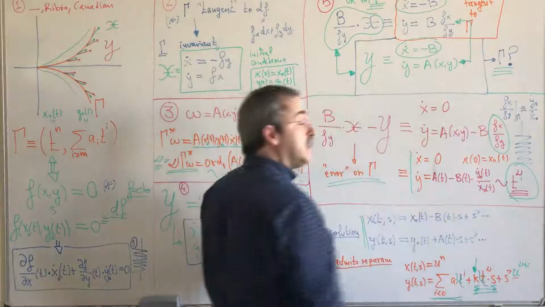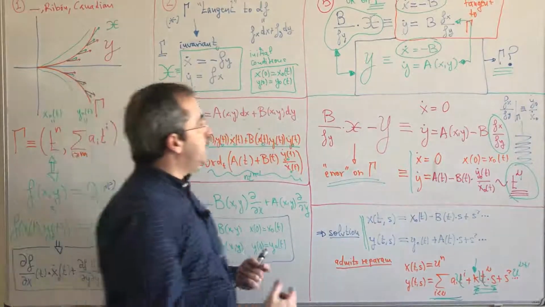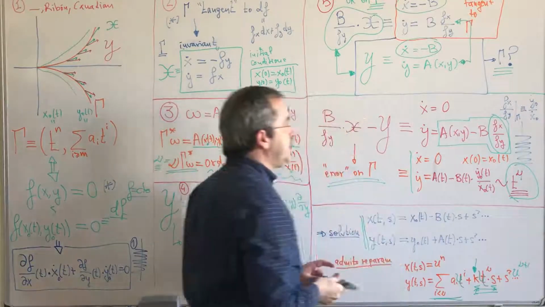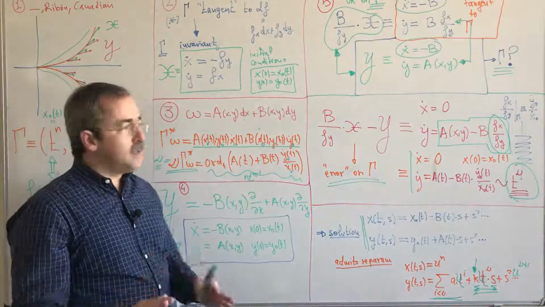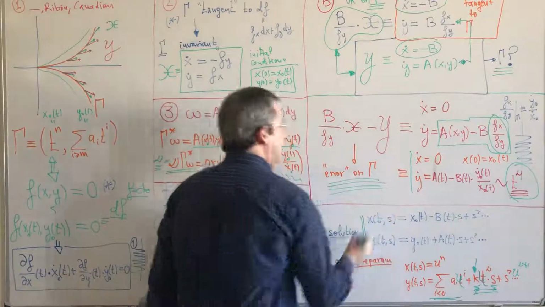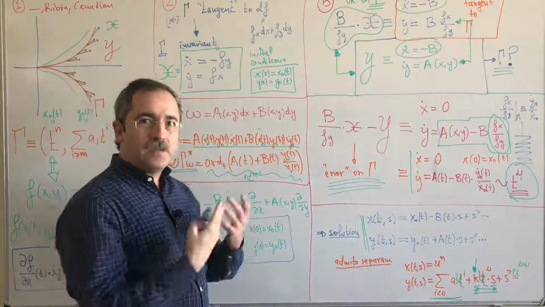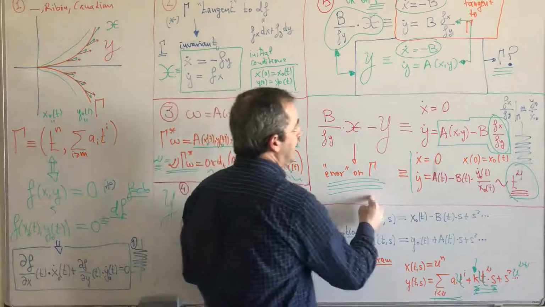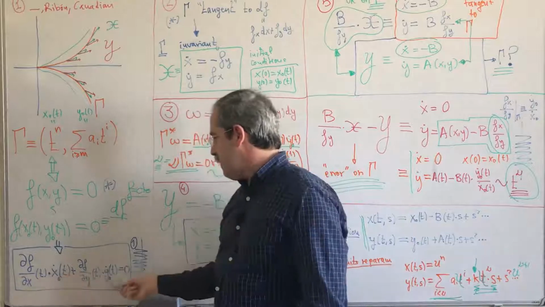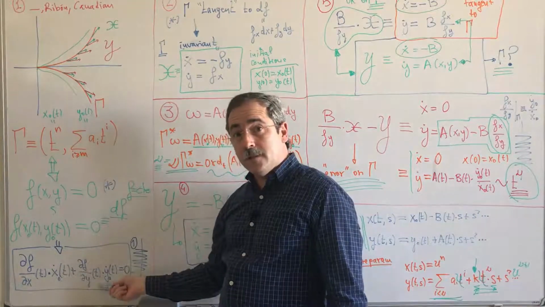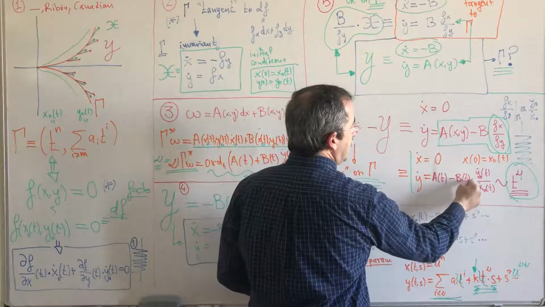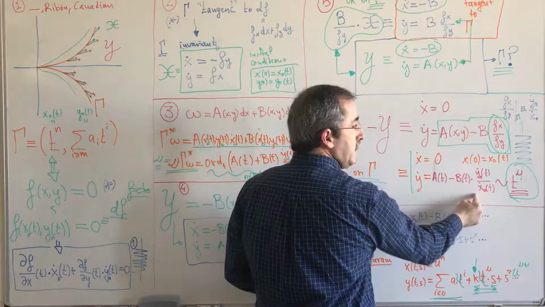The difference on the x coordinate is 0, and the difference on the y coordinate is this expression, but on gamma, which is the only place we're interested in, because of this, becomes minus b(t) times y dot over x dot.